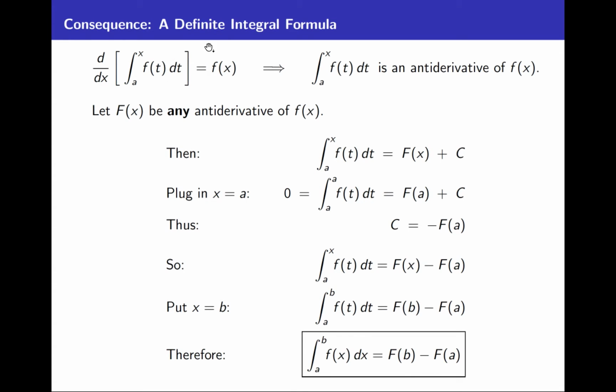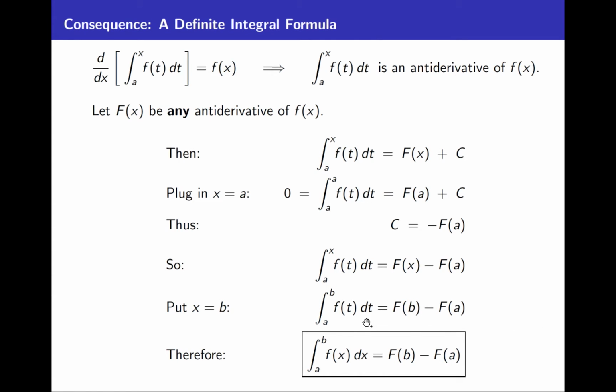That's a formula for definite integrals. And it's the one I promised you way back at the beginning of this lecture. It's a formula that gives you the value of a definite integral without a limit. It says all you have to do is find an antiderivative of this little f(x), plug in b, and then subtract off what you get when you plug in a. And that's the value of that definite integral.